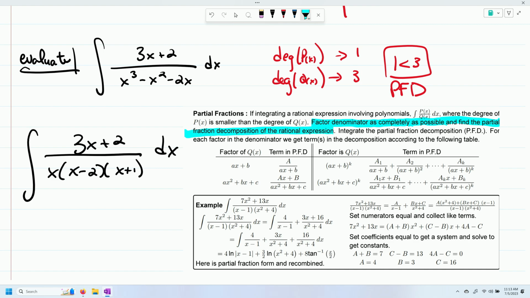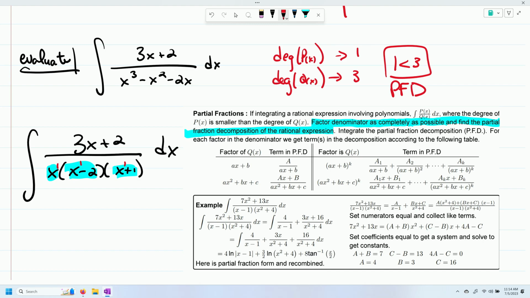So how do you do that? Well, if you look at our denominator, we have 3 factors. We have an x, that's the first factor. We have the quantity x minus 2, that's our second factor. And then finally we have the quantity x plus 1. That is our third factor, okay? More importantly, each one of those factors is linear. And remember, a linear factor is a factor where the variable's degree is a 1.